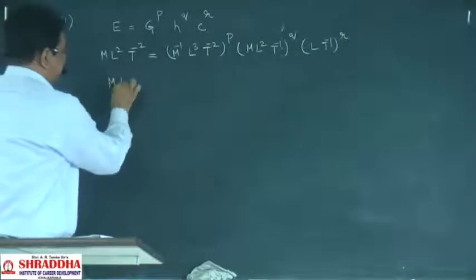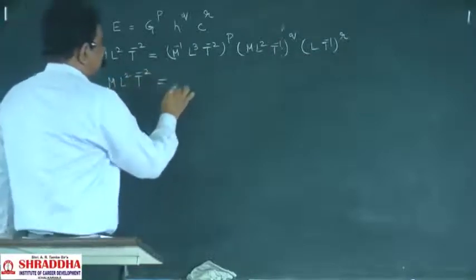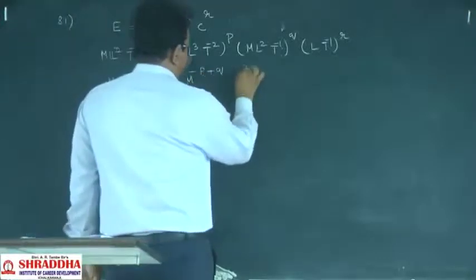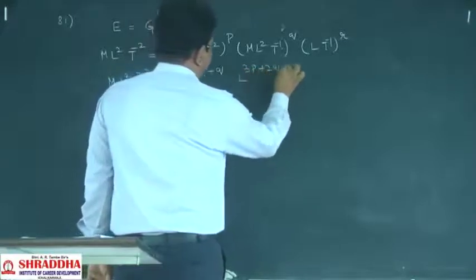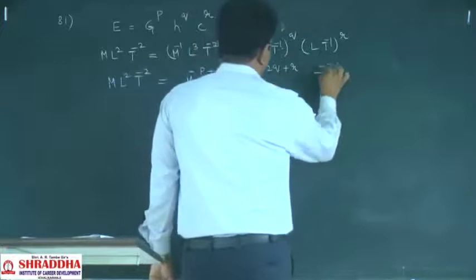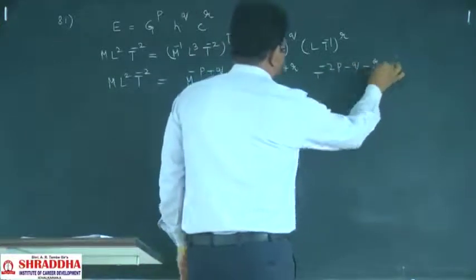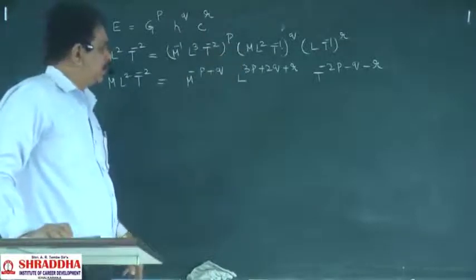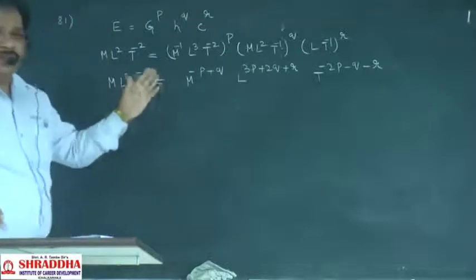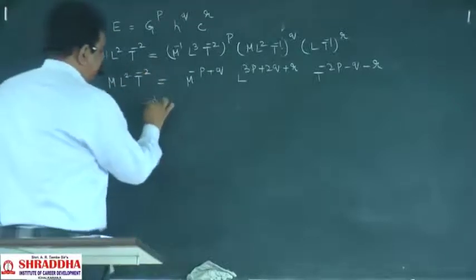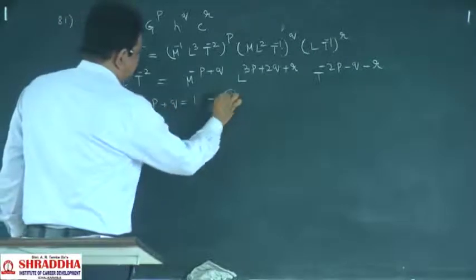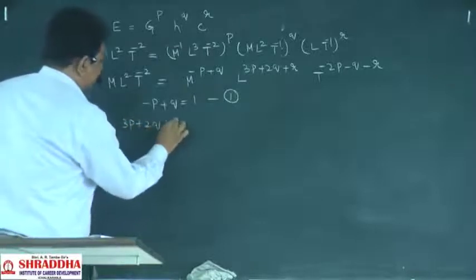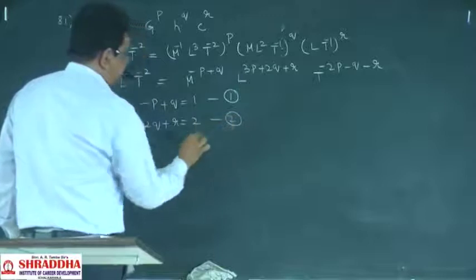Then M L square T power minus 2, M power minus P plus Q, L power 3P plus 2Q plus R, T power minus 2P minus Q minus R. So here compare the powers of M, L, T. Minus P plus Q is equal to 1. 3P plus 2Q plus R is equal to 2.